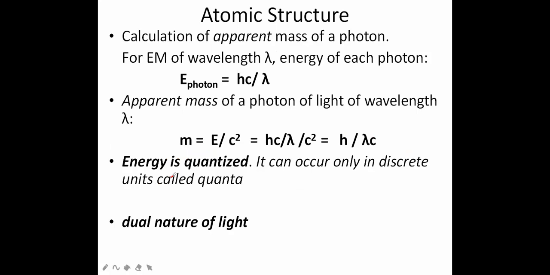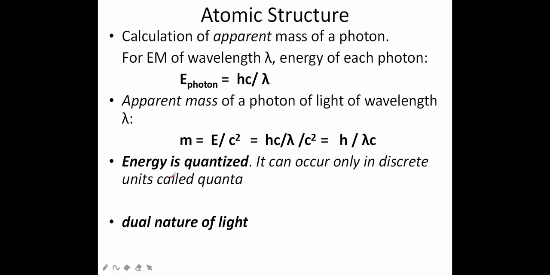So if this photon has a mass, or we want to look at it in form of a mass, remember Einstein told us that E is equal to mc squared. In that formula, we make m, the mass, the subject. It will be equal to energy over c squared.